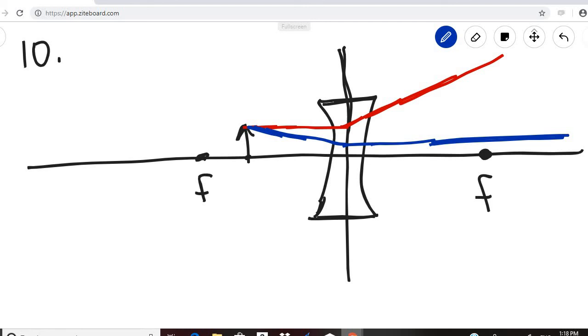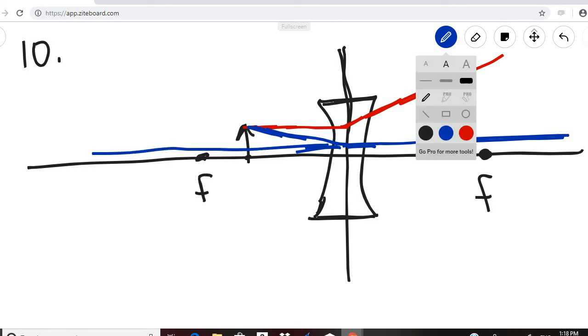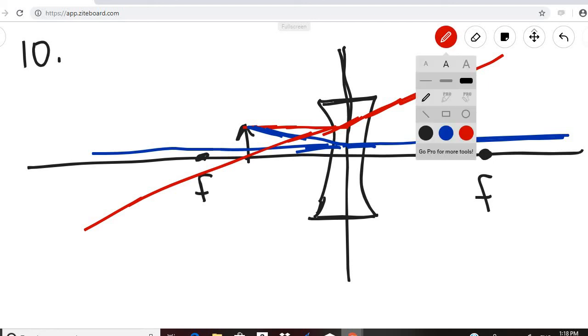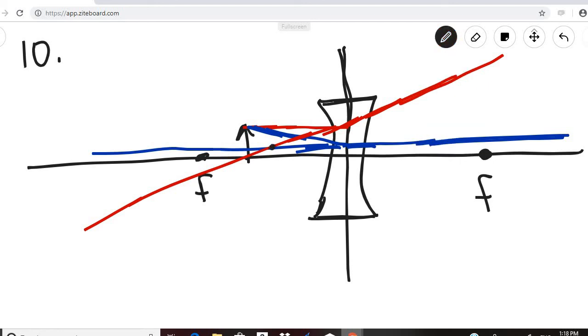So again, we see those lines are not going to intersect with each other. So we will extrapolate this horizontal one out, and we will extrapolate the red diverging one out, and we will see that they are going to intersect right here.